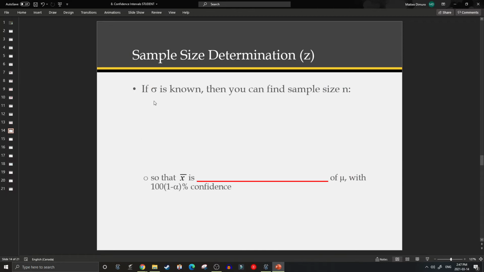Okay, there is a question where sometimes we just ask for the sample size determination. So if you know sigma, you can find the sample size n. This is just sort of a strange backwards formula. Sometimes it's handy. It's generally used to figure out how big of a sample size you're going to need to get a particular confidence interval.